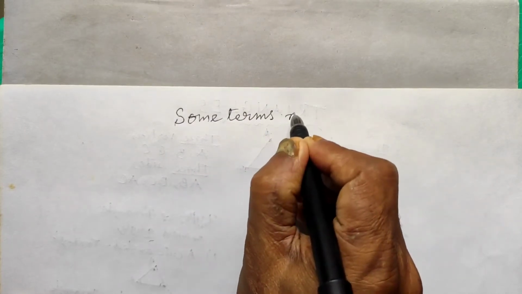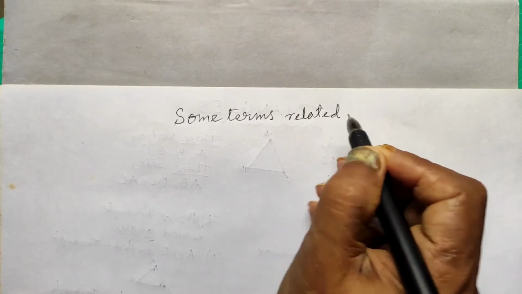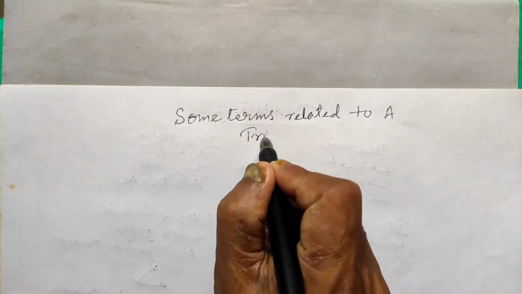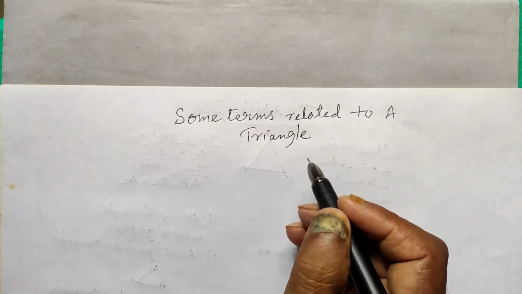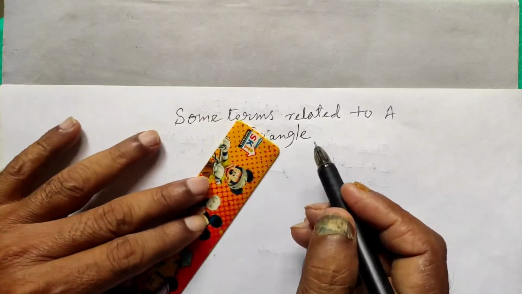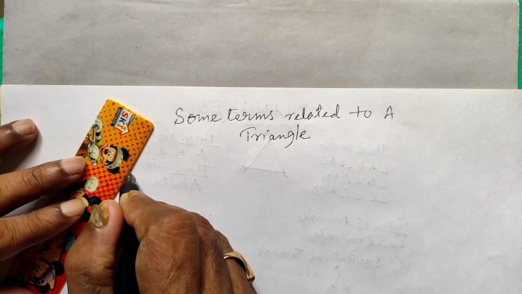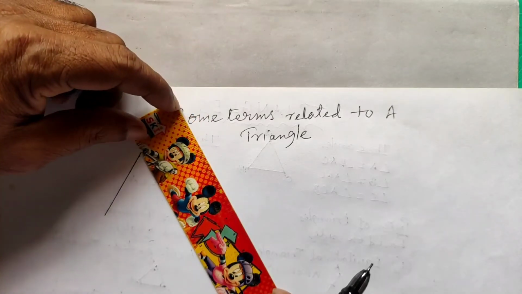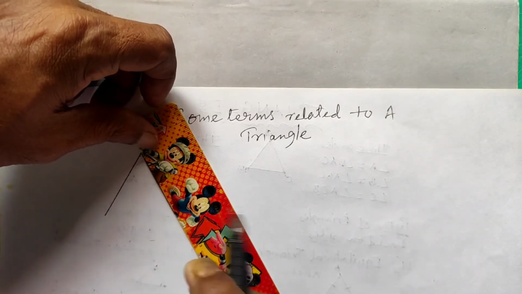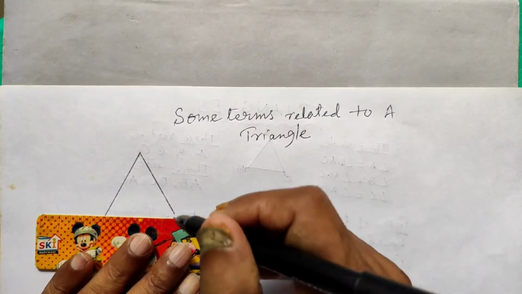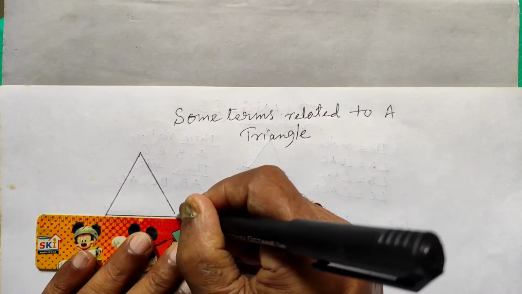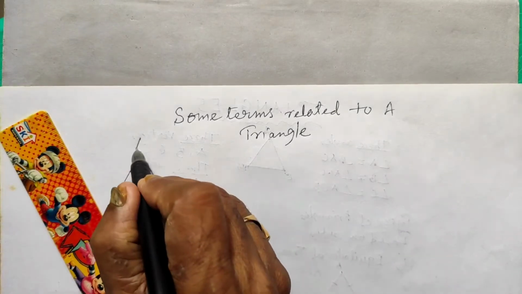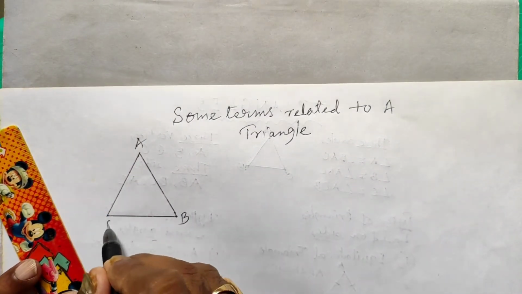Here, boys, here students, you see if I draw one triangle over here, a triangle is drawn. Here it is A, this is B, this is C.